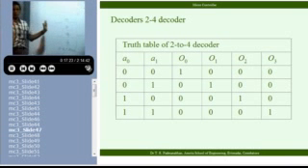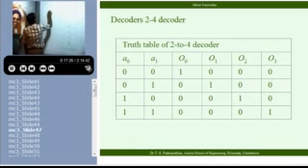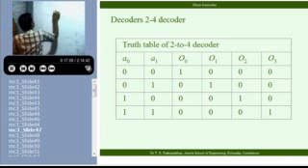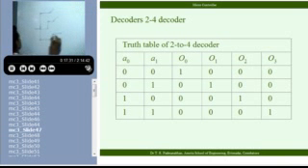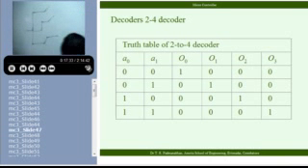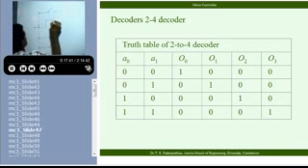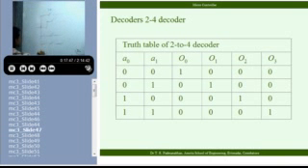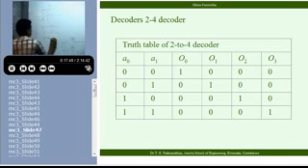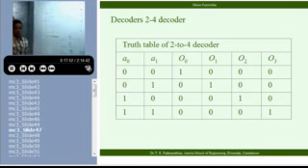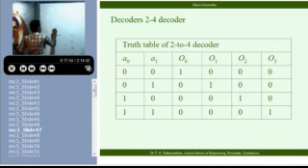Similarly, if I have a 1-to-4 demux, which we went through yesterday, you can see in the notes, we had D0 to D3 decoder lines built in. These are typical applications of decoders.